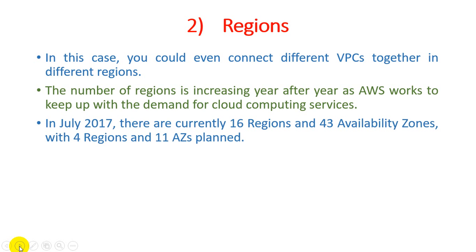In July 2017, there are currently 16 regions and 43 availability zones, with 4 more regions and 11 AZs planned. So it is just the plan for 2017. So you can think about how Amazon will work within different countries as well as in different availability zones.